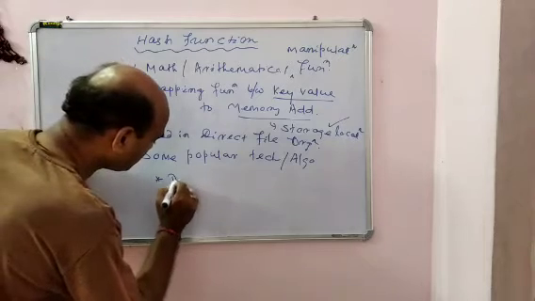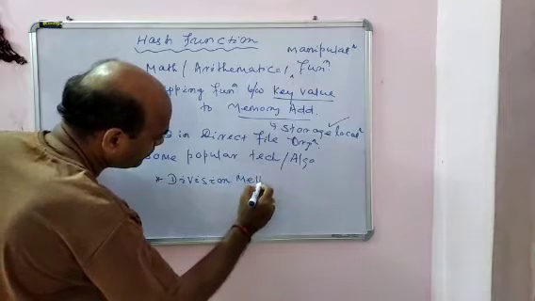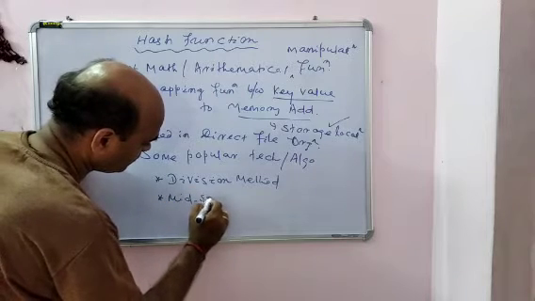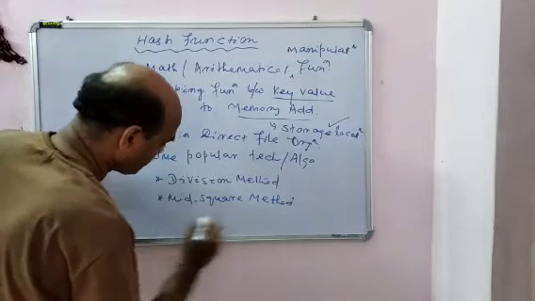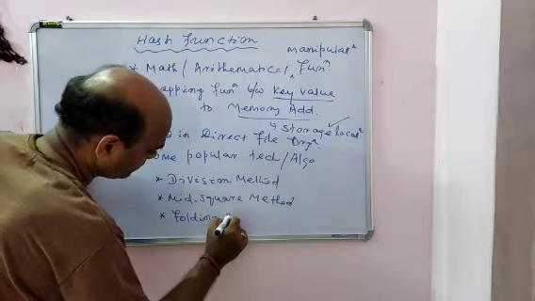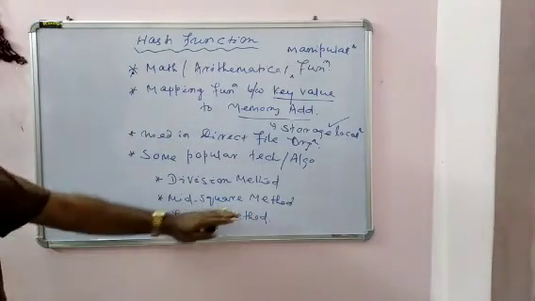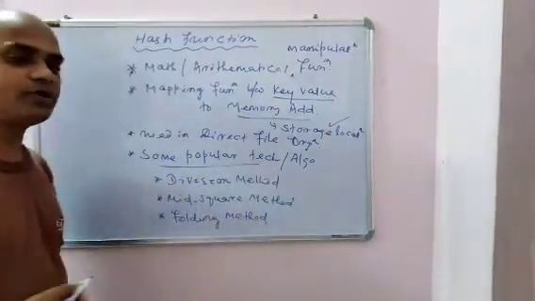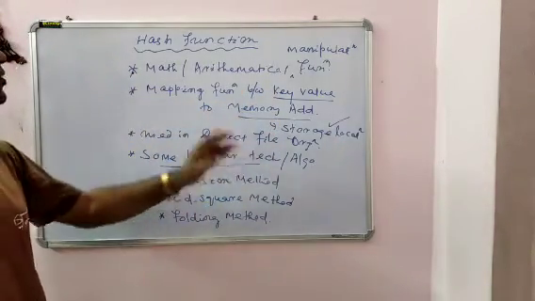the division method, mid square method, and folding method. So there are many popular techniques we use to convert a key value to a memory address for this hash function.